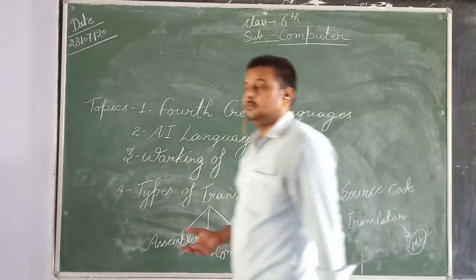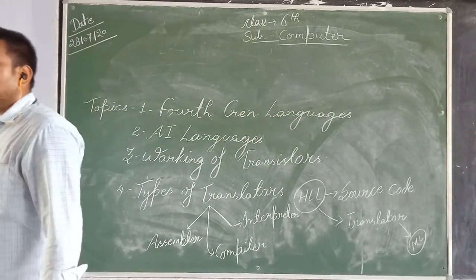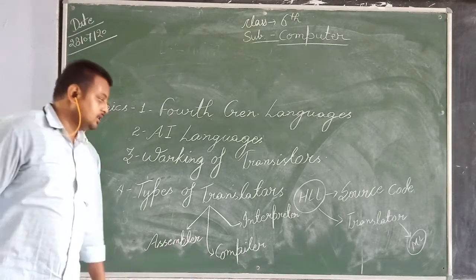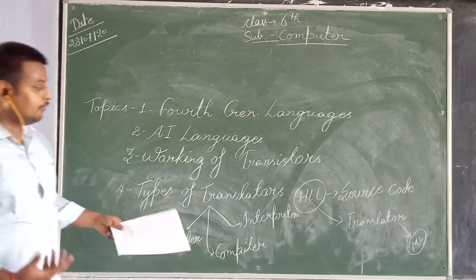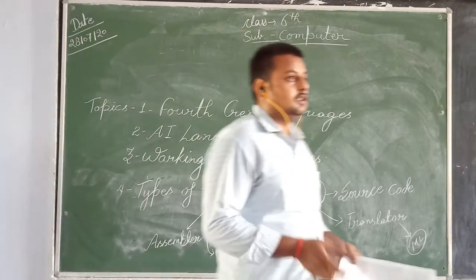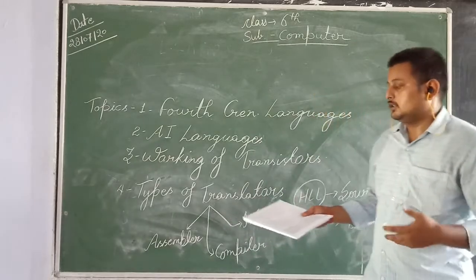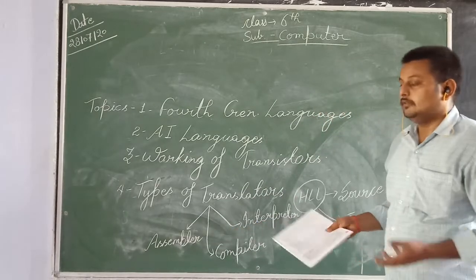In the fifth class, we learned about all these: what is the work of a compiler, what is the work of an assembler, what is the work of an interpreter. But in the sixth class, you will again learn about these in detail.